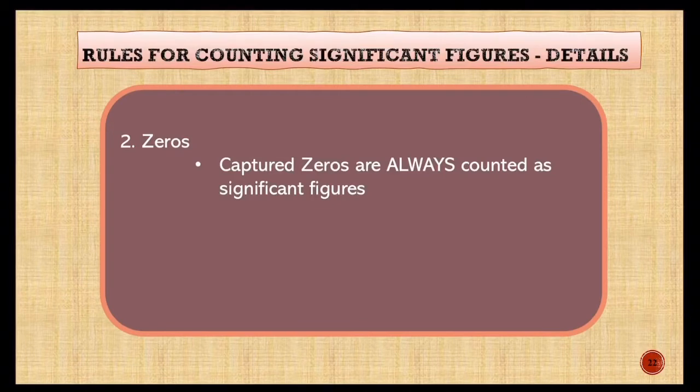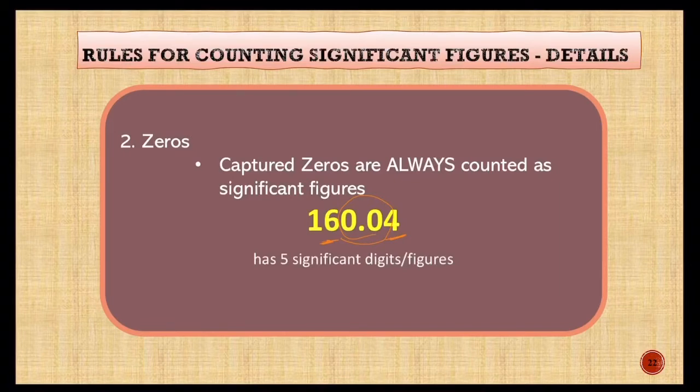So what does a captured zero look like? 160.04 has two captured zeros right here. Because they are caught in the middle between two non-zero integers, we call them captured zeros. These are always counted as significant figures. So we would say 160.04 has 5 significant digits.